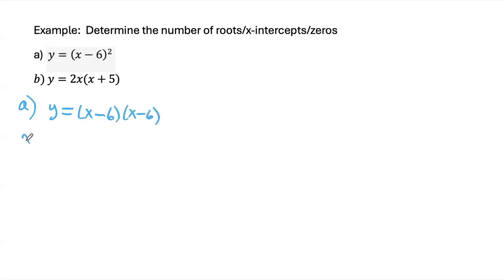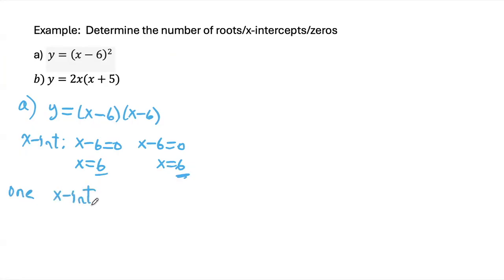And if I want to find my x-intercepts, I just set each of these brackets equal to 0, and they're both going to tell me that x is equal to 6. So I have one x-intercept point. There's a single root, there's a single zero for this function, and it happens to be the value 6.